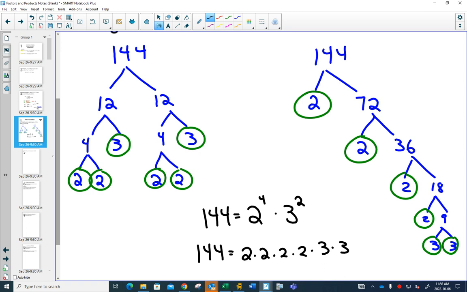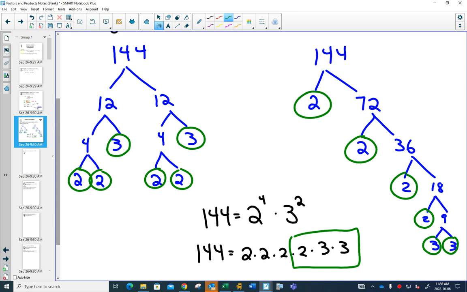Now, why do we have to do prime factorization? I just want to show you something that's really powerful about prime factorization. And I want to see if you can figure out how I'm doing this. Okay? Tell me, looking at your prime factorization, the following. 144 is equal to 18 times what? 18 times 8.